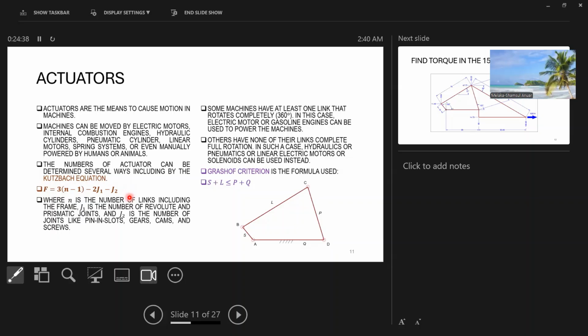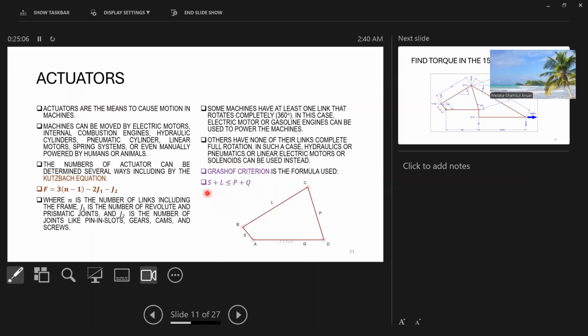But it is your job to know that you need to use the Kutzbach equation in order to answer the number of actuators needed. And then on the issue of what kind of actuator you want to use, that will probably require you to use this Grashof criterion.